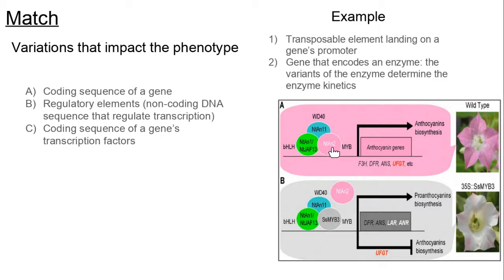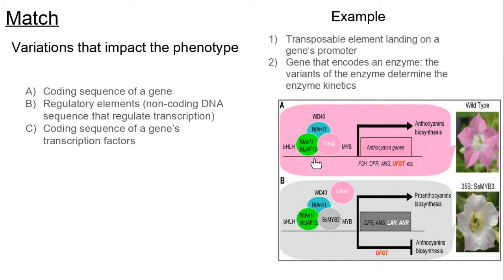In this case, when they bind, you get transcription of these genes. Now the bottom one was a flower that was transformed with that construct. So some gene that they introduced in the flower, and that appears over here.